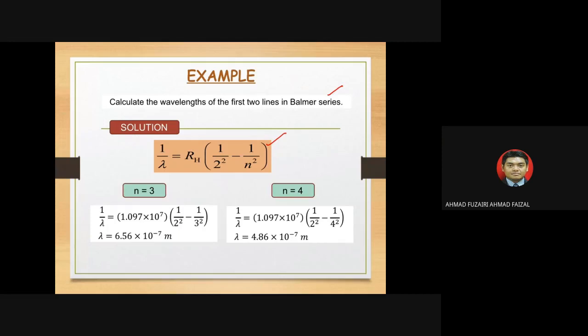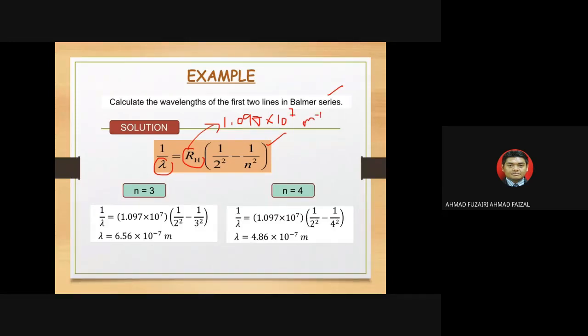So 1 over lambda, the wavelength, equals RH multiplied by 1 over 2 squared minus 1 over n squared. The value of RH, also known as the Rydberg constant, is a fixed value of 1.097 times 10 to the power of 7 per meter.